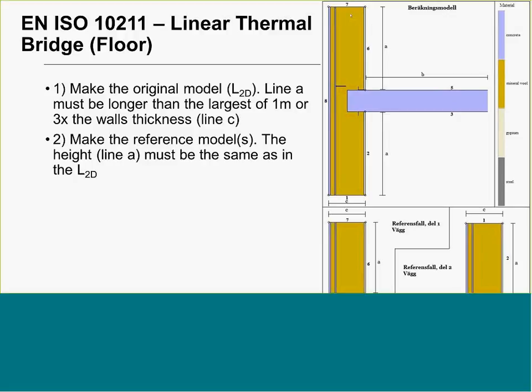And it should be the same length above and below the thermal bridge point, and that's so that you don't get numerical errors. In the reference model, you make the reference model walls the same length as in the LTD model. But here you can see that it's just a pure cut of the wall where you have insulation. You don't have any studs, for example.